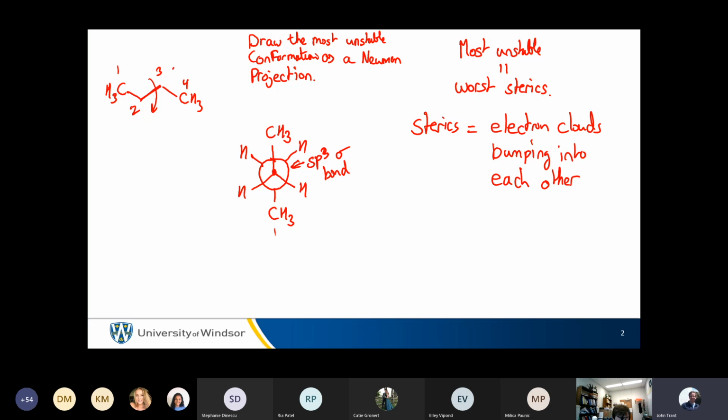So to get that, what I can do in my drawing is rotate either the front or the back carbon 180 degrees. Pick your poison. I'm a back carbon rotator myself, but if you're a front carbon rotator, that is okay. You're still a human being.